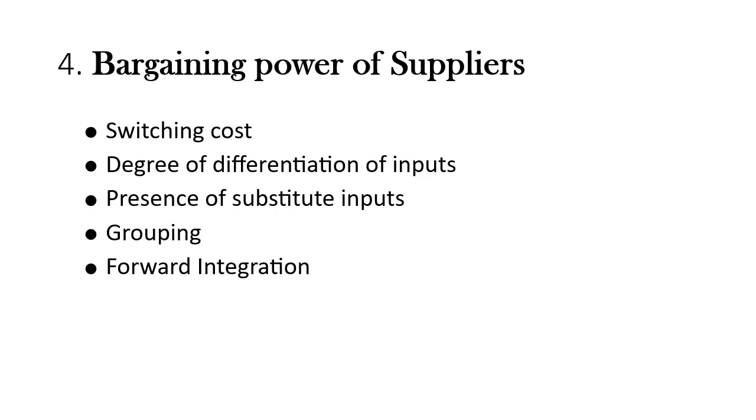We can switch to another supplier if more options are easily available, if the switching cost is less, and if the same type of raw material is provided by many. So here the bargaining power of the supplier is less than that of the company.